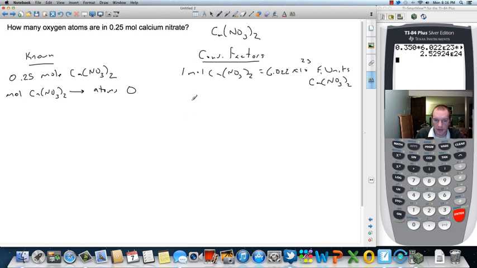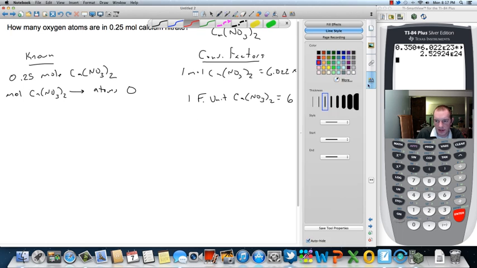And then we know by looking at this formula that every 1 formula unit of calcium nitrate is going to include some number of oxygen atoms. In this case, it's going to be 6, 3 for each of the nitrates, and there are 2 nitrates. So 6 atoms of oxygen.